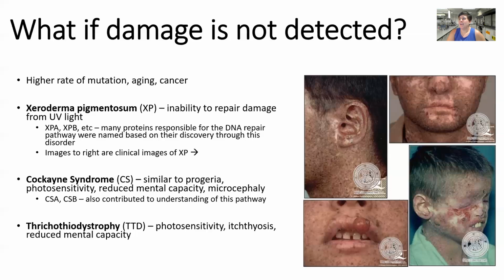So pretty severe disorders, with pretty distinct phenotypes, and hopefully this highlights the importance of this machinery in the normal functioning of the body, because this is what happens when you don't have it.